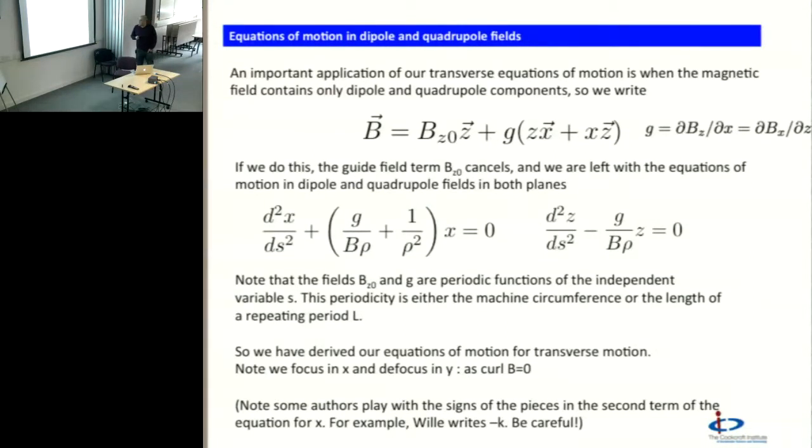If you're still troubled by BZ0 cancelling, that can be a great tutorial discussion topic. So the fields like G are periodic functions of S, so they have a periodicity equal to the machine circumference or the length of some repeating period, and we have derived equations for motion transversely.